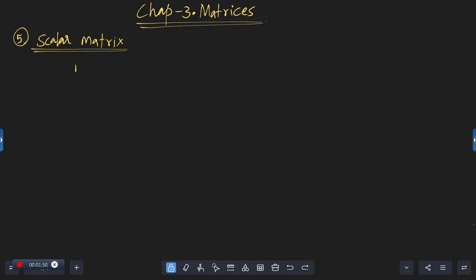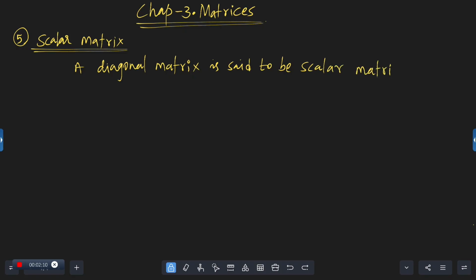So a diagonal matrix is said to be a scalar matrix if its diagonal elements are equal, or the same, whatever you can mention.